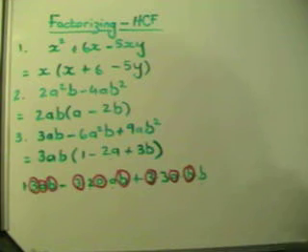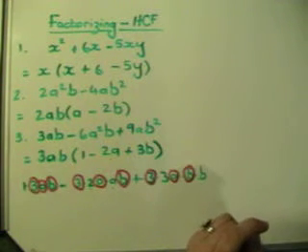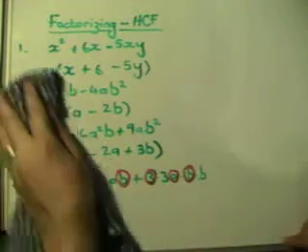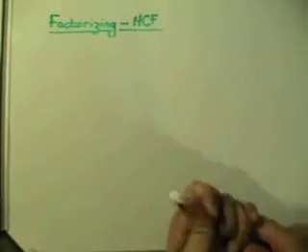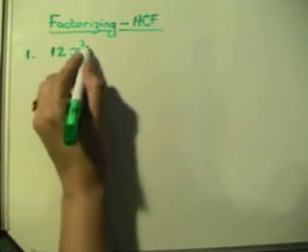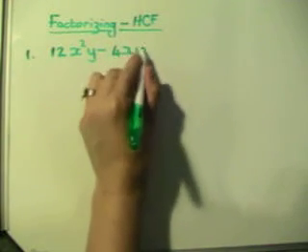Right, so I'm going to give you 2 problems. What I want you to do with these problems is just write them down, pause the video, see if you can take out the highest common factor by any way that you see fit, and then play the video and check your answers. So the first problem is 12x squared y minus 4xy squared.